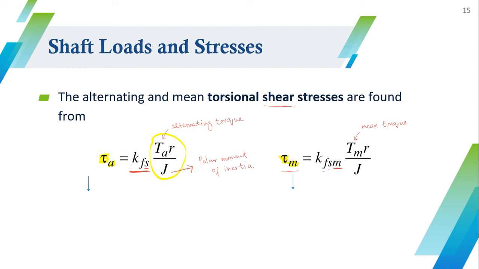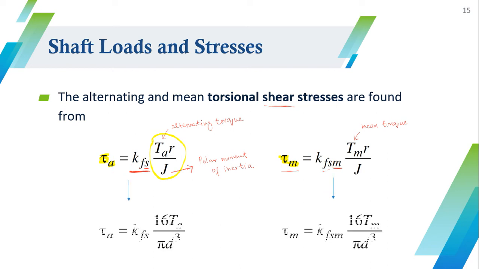And again, simplifying these formulas by substituting the expression for polar moment of inertia, which would be pi d to the fourth over 32, we get this answer for alternating and mean components of torsional shear stresses.